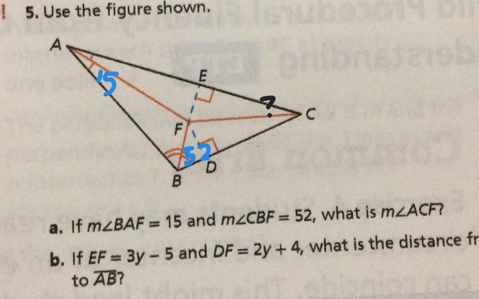Okay, so the good news is because all of these lines are angle bisectors, that means they're cutting the angle into 2 smaller equal pieces. And if you look here, I've got a big triangle that I know that this angle plus this angle plus this angle has to be 180, because the 3 angles of a triangle have to be 180 degrees.